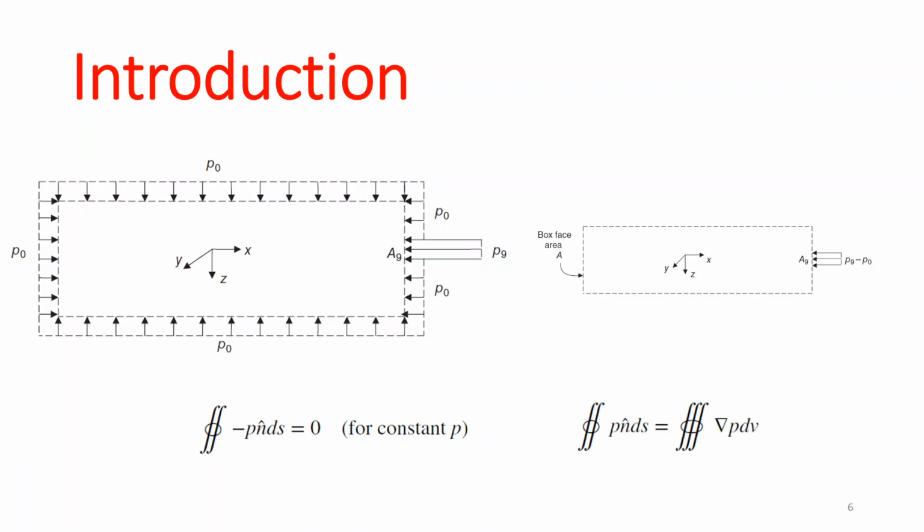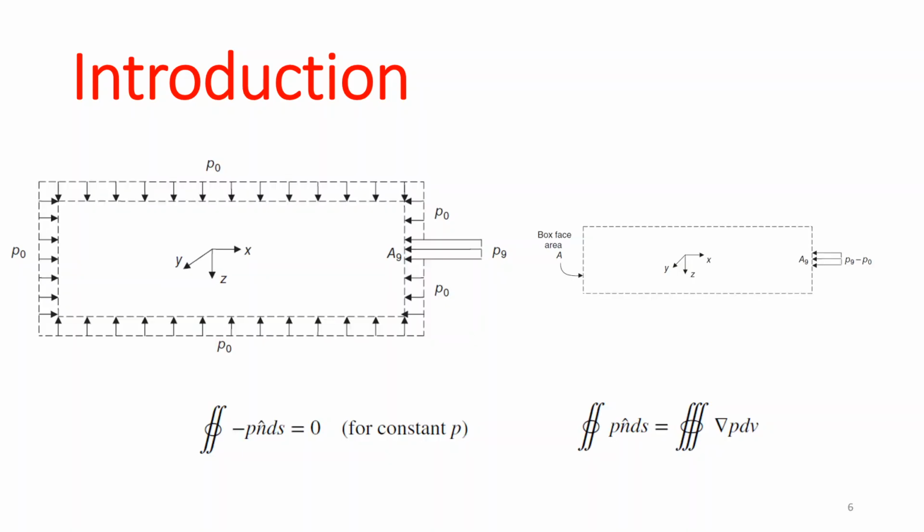Essentially, use the gradient of a scalar, in this case pressure, to convert your surface integral to a volume integral. We can do that and make everything simpler. If we apply this to our main equation, we can get the momentum equation, which we'll come back to later.